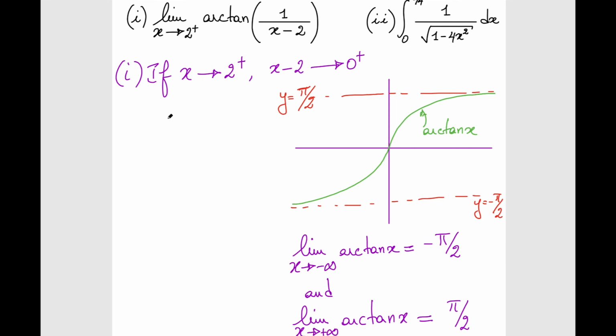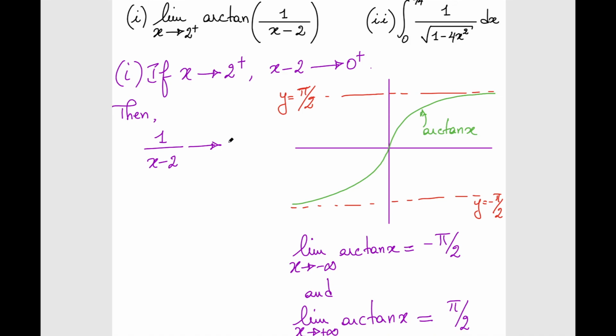Then what can you say about 1 over x minus 2? As such, 1 over x minus 2 is going where? If x minus 2 is going to 0 plus, 1 over x minus 2 is certainly going to infinity, and to be more precise, it's going to plus infinity, because that entity is always positive.